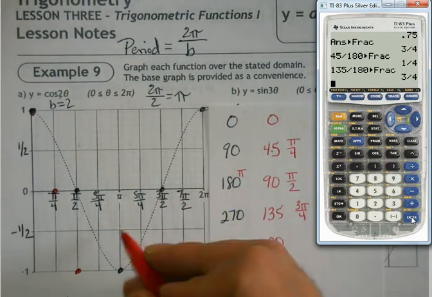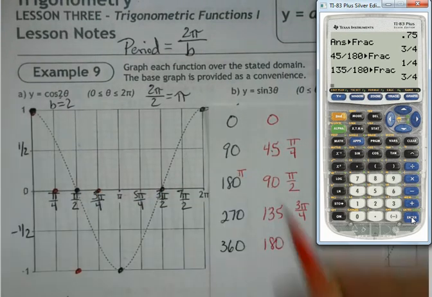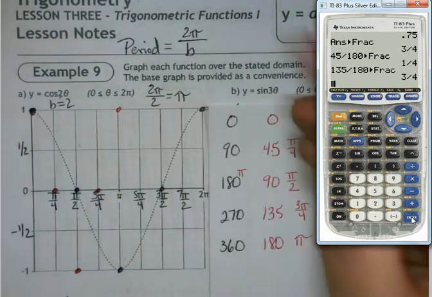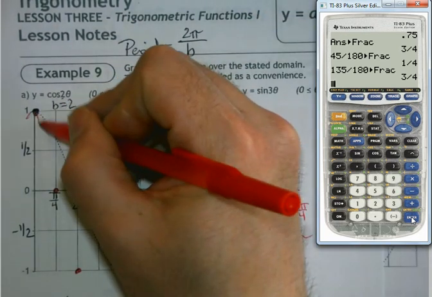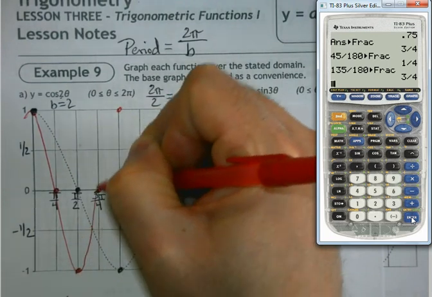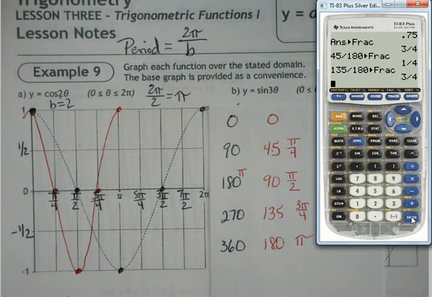My 2 pi is going, oops, I didn't do my 3 pi over 4 yet, did I? And then 180, we know is just pi. So that exact same graph went from big and wide like this to shrinking down to just 1. But that's how these work.